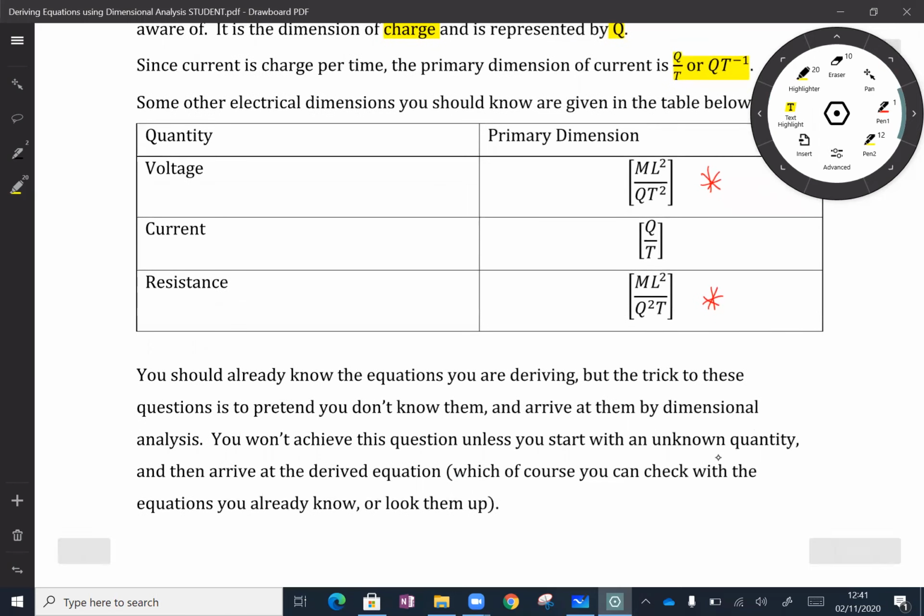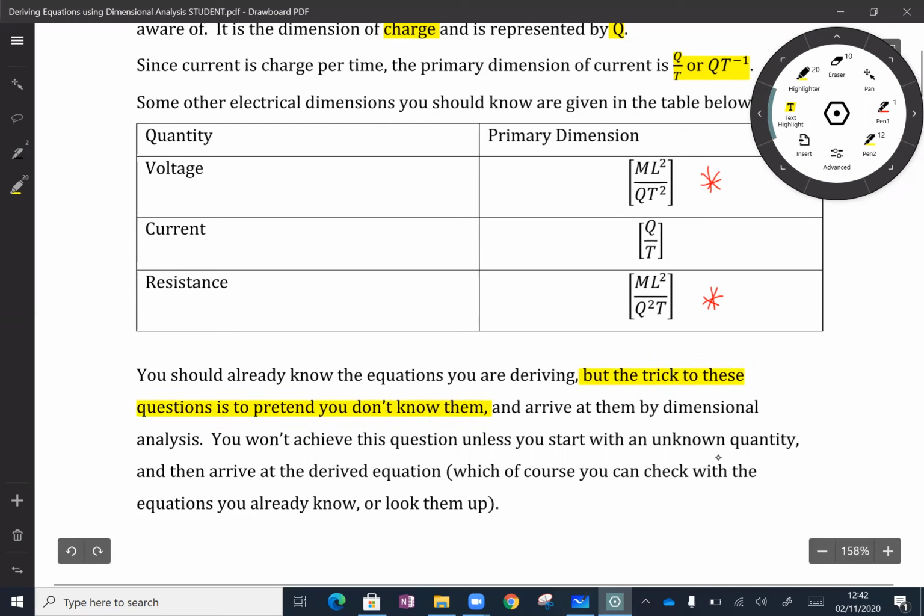The equations that you're deriving in your assignment, you should already know them, or you can look them up. Power with linear velocity, power with force, and power with current or voltage. Look them up so that you know what you're supposed to be getting. But the trick to these questions is to pretend that you don't know them.